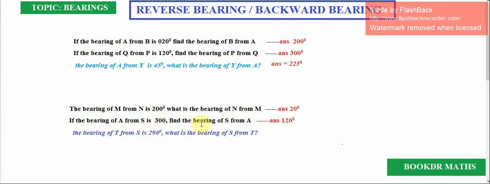So in that instance, 290 minus 180, the answer will be 110 degrees. Let's use the diagram approach to see whether this is working, whether we are still on the right path.